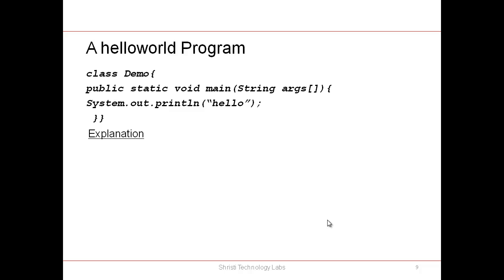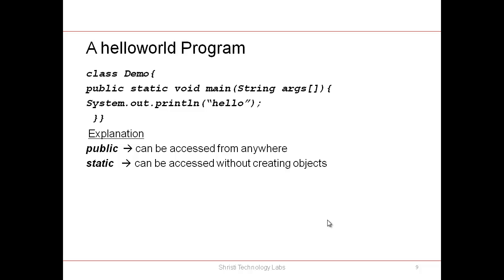Let me explain the keywords in that method. Public, it means it can be accessed from everywhere. Static. Why is this method a static method? Static means you can access this method without creating any objects. Since the JVM is going to start the execution from this method, you don't need any object, or you don't have any object.